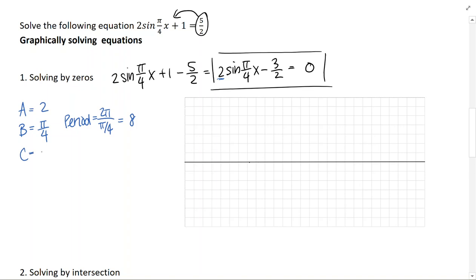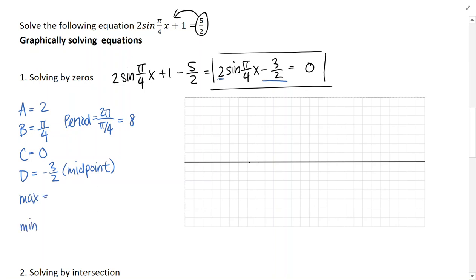Now C, well, we don't have a value C, so no side-to-side movement. And D is negative 3 over 2. And remember, D is just equivalent to our midpoint. So since we know D and we know A, we are also able to find our max and our minimum values.